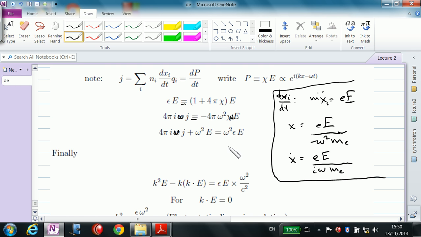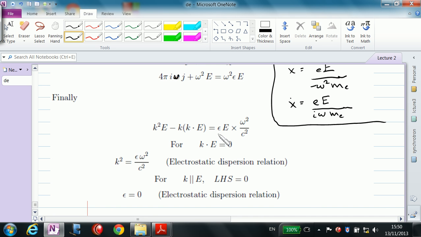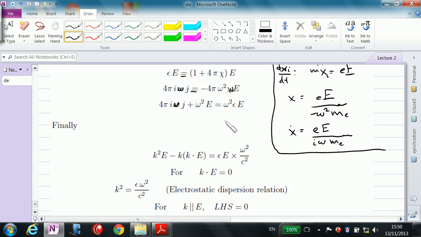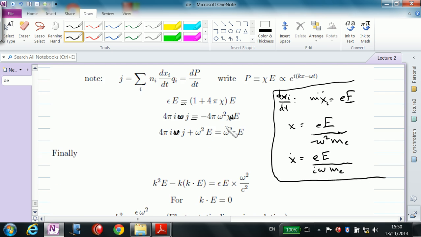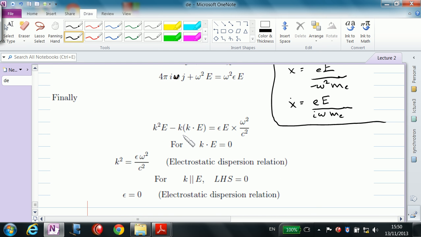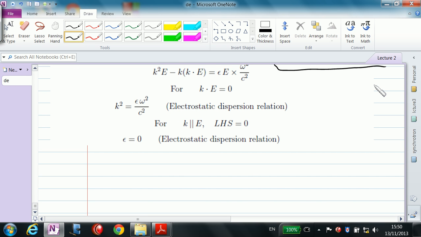This is just fine. We just use epsilon, and remember that epsilon is 1 plus 4 pi chi. All right. So for k dot E equal to 0, we just get that k squared is equal to epsilon omega squared over c squared, whatever epsilon may happen to be, and calculating epsilon is what plasma physics is all about.